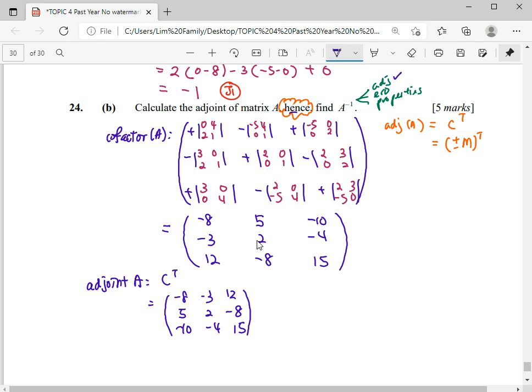So in order to use our adjoint to find A inverse, our formula will be A inverse equals to 1 over determinant of A, then adjoint A. So our determinant of A already found in question 1, which is negative 1. Then adjoint A we already found just now.